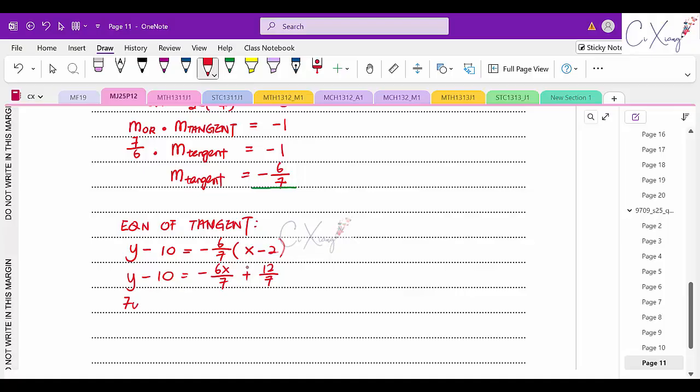Multiply by 7 to get rid of the denominator and simplify your answer into the general form. By right, this is what you should get. You should put it in this general form because the question requested it just now. So this is how we solve question number 9.